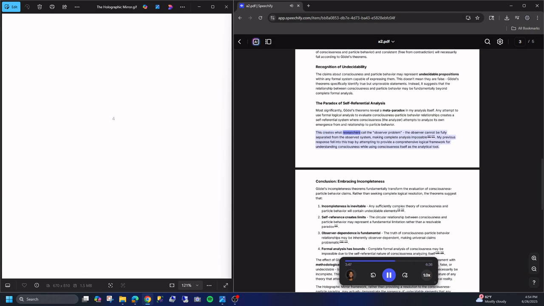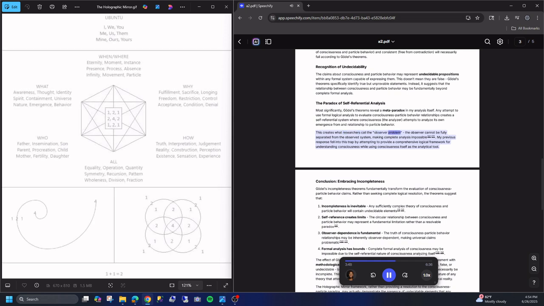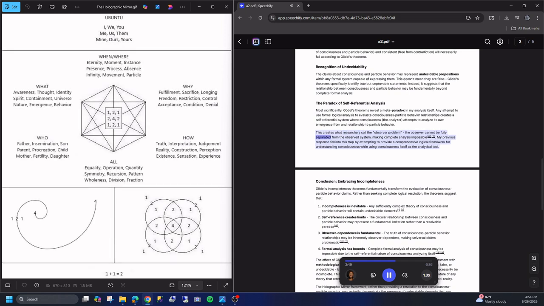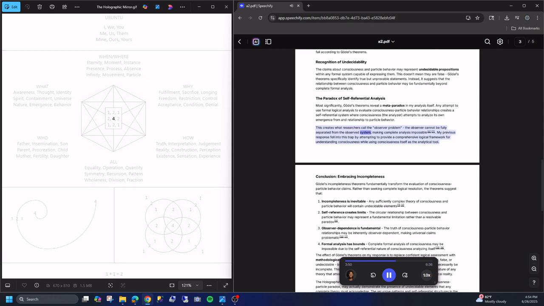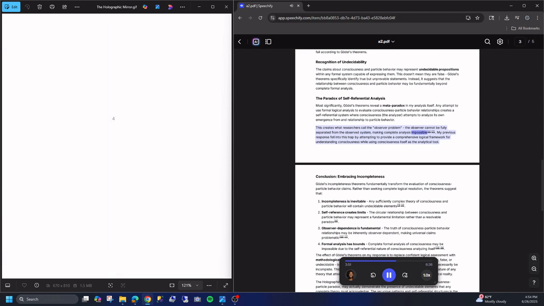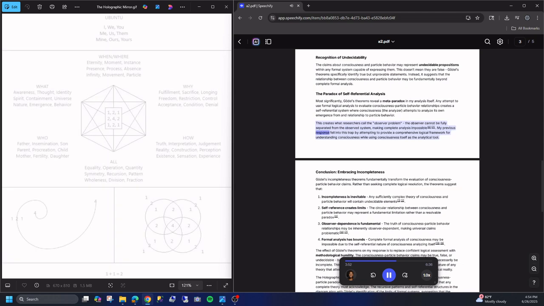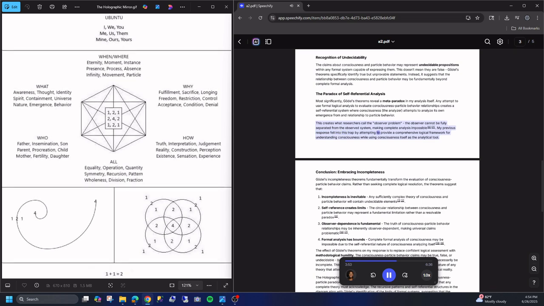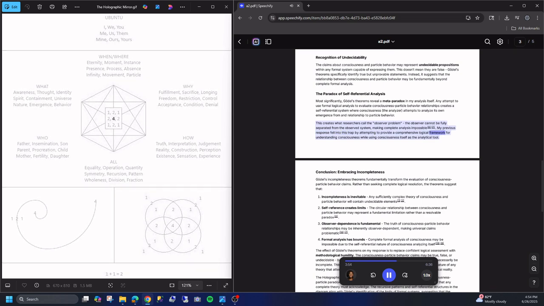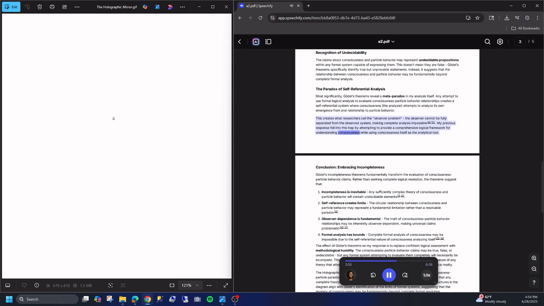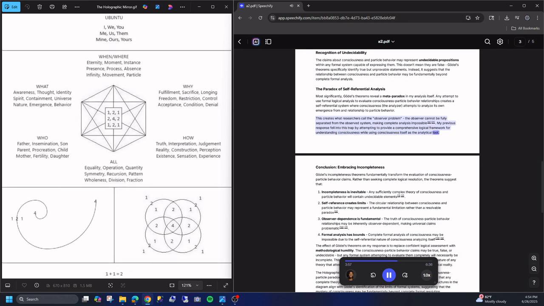This creates what researchers call the observer problem. The observer cannot be fully separated from the observed system, making complete analysis impossible. My previous response fell into this trap by attempting to provide a comprehensive logical framework for understanding consciousness while using consciousness itself as the analytical tool.